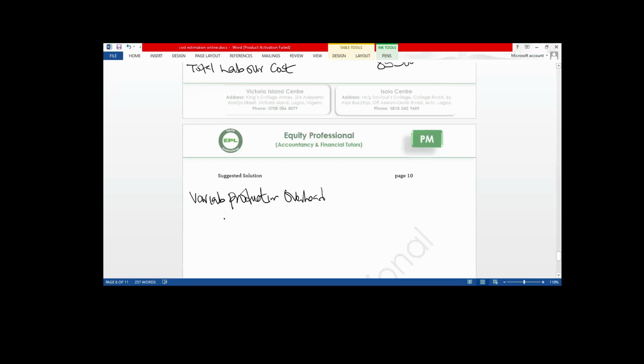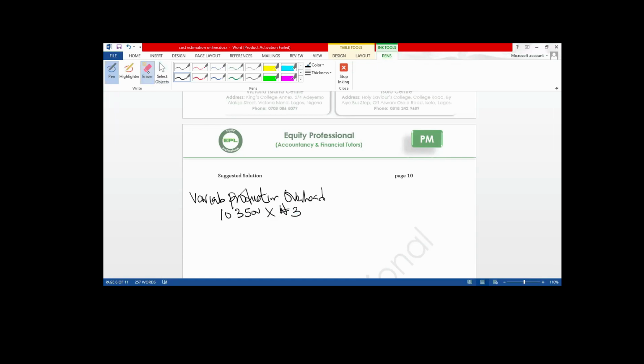So you don't need to separate anything here, because whether you are within 100% or above 100%, the variable production rate per unit is 4 naira. You just pick everything. 10,350 units multiplied by 4 naira. 41,400.